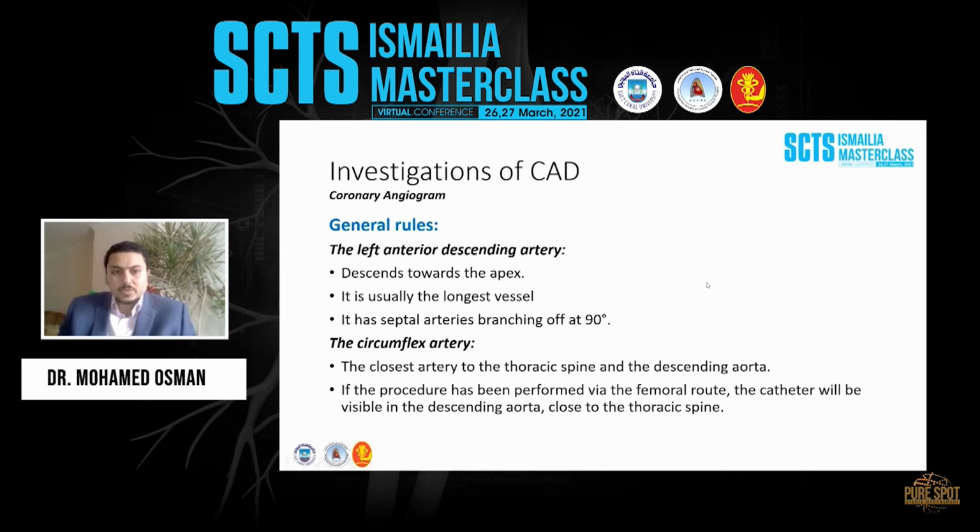The left anterior descending artery is the artery that descends toward the apex, usually the longest vessel in the angiogram, and it has septal perforators coming off at 90 degrees. The circumflex artery is the artery which is closest to the thoracic spine and the descending aorta. If the angiogram is done through the femoral artery, you can see the catheter in the descending aorta.